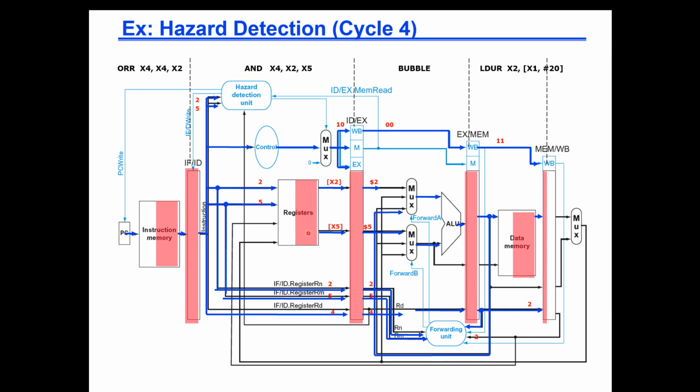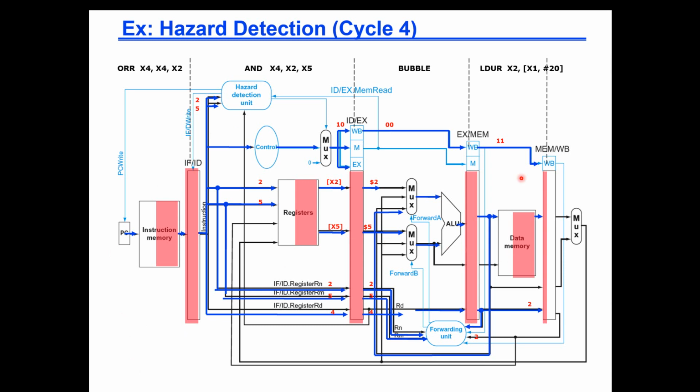So then I'm going to stall. I'm going to select the output so I get the zeros in there for the next stages. And I also fetch the AND again. So here the AND stayed in this stage because I'm not advancing the pipeline.